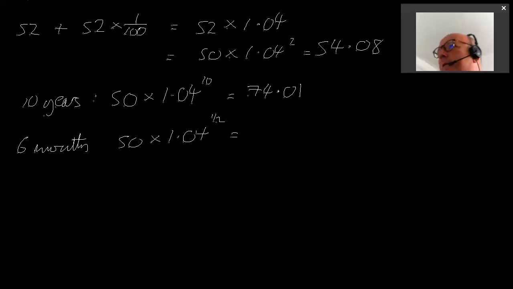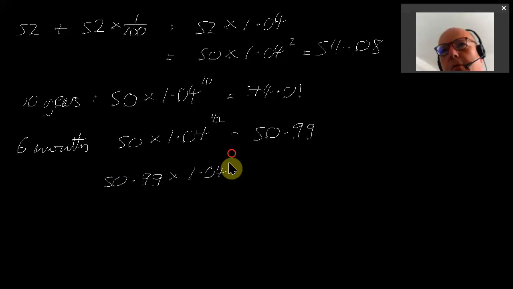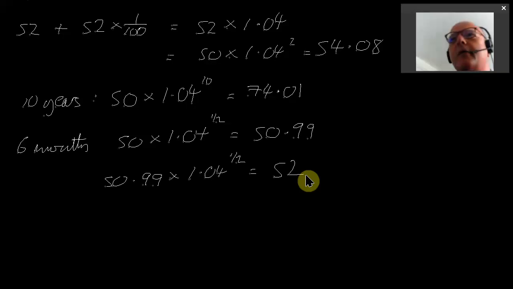It's going to be 50.99, because 50.99 times 1.04 to the power of a half is equal to 52. So you can do it for multiple years, and you can also do it for part years. You could do it for 3 months by taking the power of a quarter, etc. So that's how we do the basic continuous interest calculation.